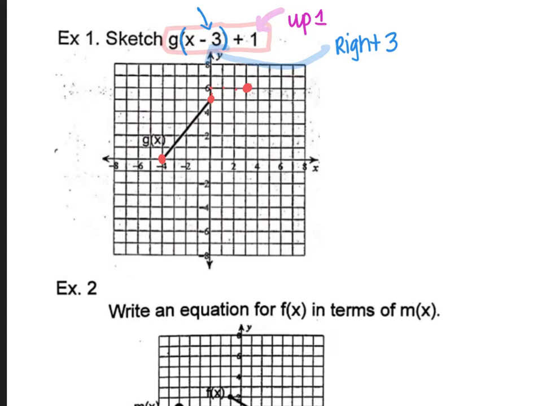So I'll take my next point and I'll go right 3, 1, 2, 3, up 1. And I will connect them. And then this new line is actually called g of x equals f of x minus 3 plus 1. So that is exactly what we have written up there.